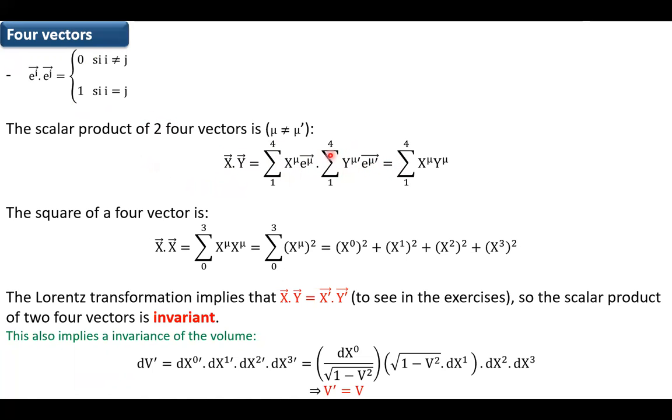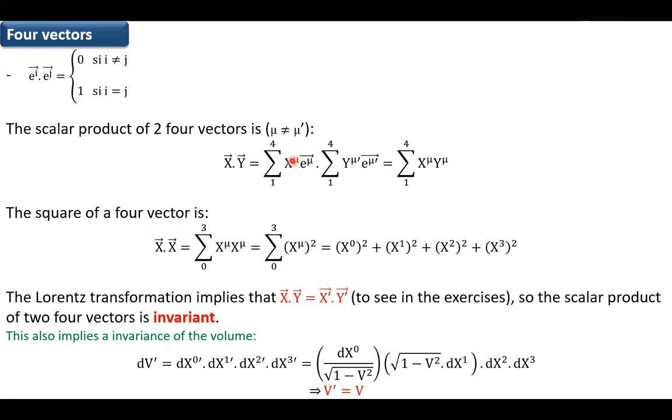Mu and mu prime are the same, they all go from 0 to 3, but we put mu prime just to say that when you fix one index here, you use it with the 4 indices of y. So when you say x0 e0, you multiply it by y0 e0 and by y1 e1, etc. You use the 4 coordinates.